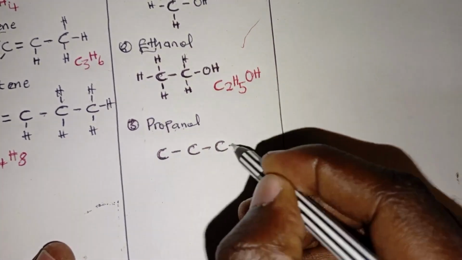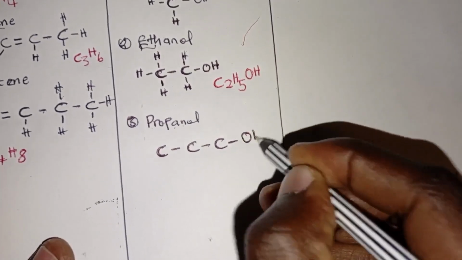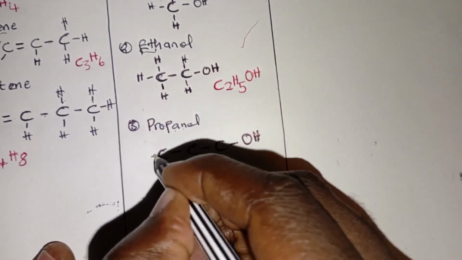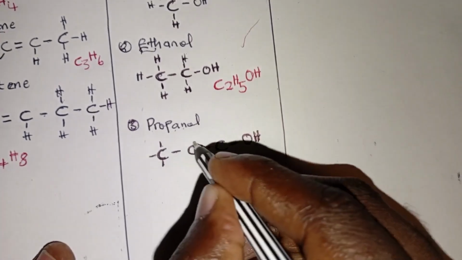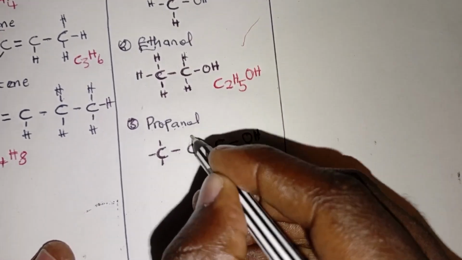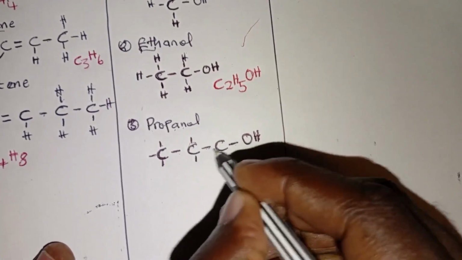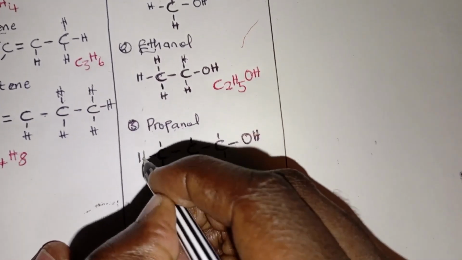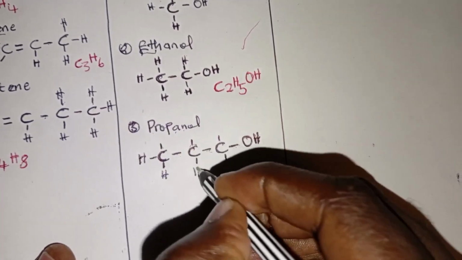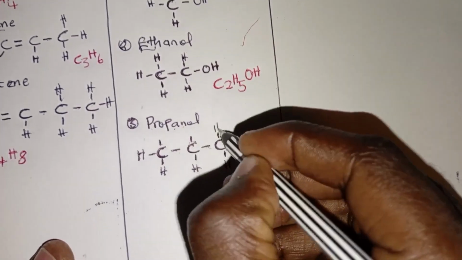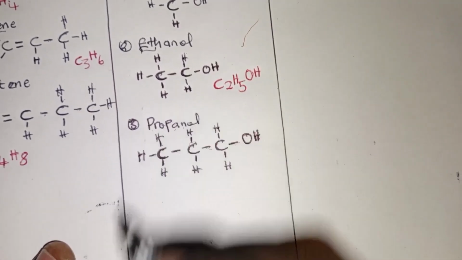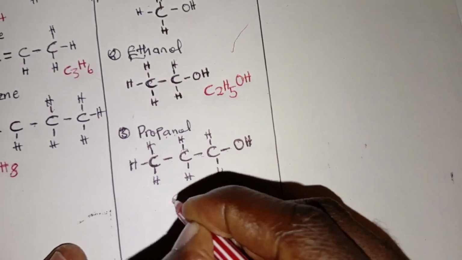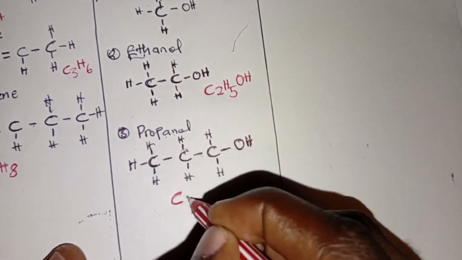After you add these, the next thing you add is a functional group. After the functional group, this one has how many bonds? 1. So you add 3 more to make them 4. This one has got 2 bonds on the sides. You add 2 more to make them 4. This one has got 2 bonds on the sides. So you add 2 more again to make them 4. Then you fill the gaps everywhere with hydrogen. So this is what we call propanol. And the molecular formula for propanol, see how many carbon atoms. Prop is 3, so you write 3.